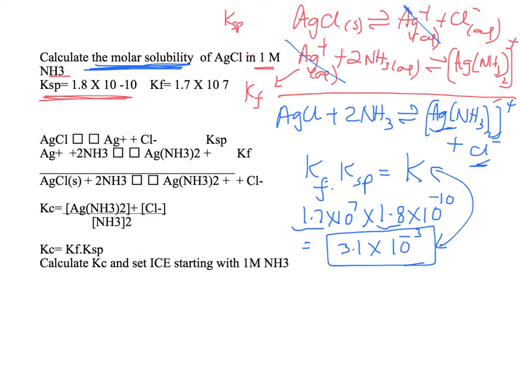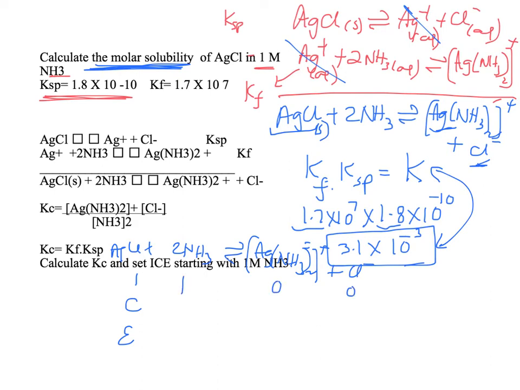So you have to solve an ICE problem in this case. You're beginning with, of course, AgCl, which is a solid and is not going to participate directly. Ammonia is 1 molar, so your ICE table has AgCl plus 2NH3, giving you Ag(NH3)2 and Cl negative. So this is 1 molar. You don't have any complexation in the beginning.